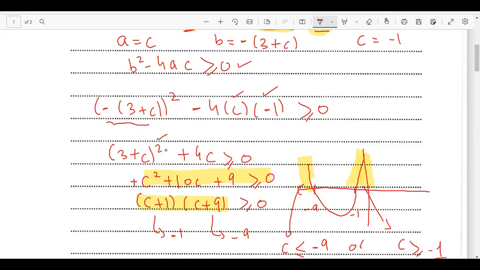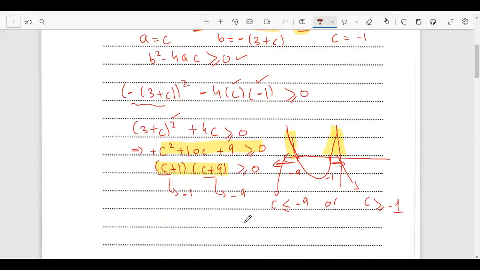It was obviously a quadratic inequality, and these were the two factors. I made the graph in order to find the final answers, and I got c is less than or equal to minus 9, because these are the points, and I can see that we are going towards the left side, and here we are going towards the right side. So that is why this would be the answer. Yes, now if anyone has questions, please ask me.